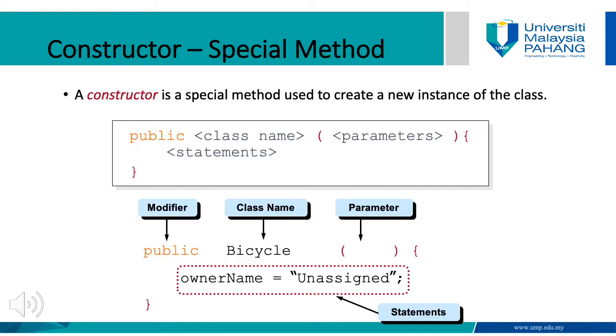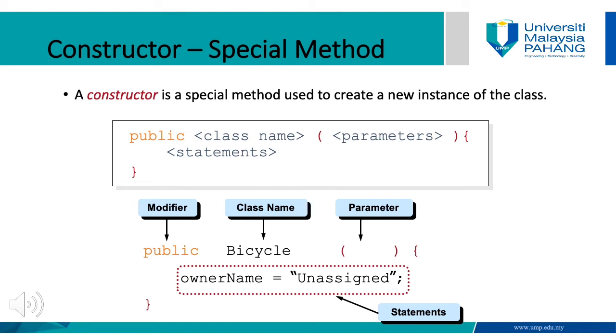about constructor. What is a constructor? A constructor is a special method used to create a new instance of the class. So first you have to set the modifier public and then the class name, and then in brackets you include the parameters and then a statement, right? So this is what we call a constructor.